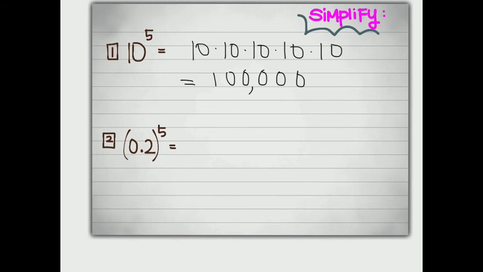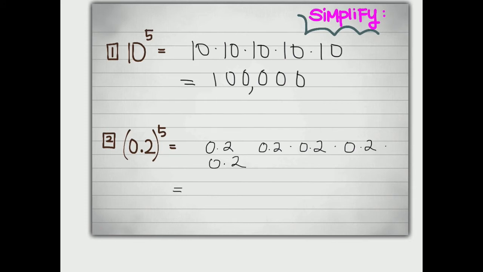In example 2, we have 0.2 raised to the 5th power, which really means 0.2 times 0.2 times 0.2 times 0.2 times one more 0.2. Because I don't really like decimals that much, I'm going to go with fractions.